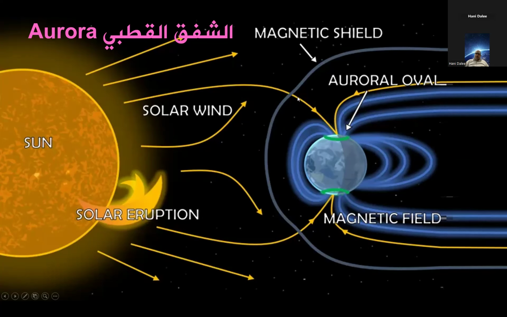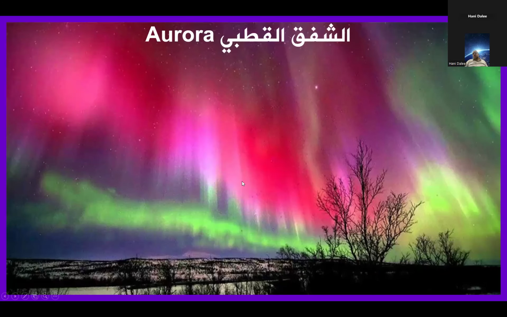So they follow the magnetic field lines, and when the sun is active they might penetrate from high latitudes in the atmosphere, almost 400 kilometers above the Earth, in the south and north hemispheres, to show us something called the aurora.